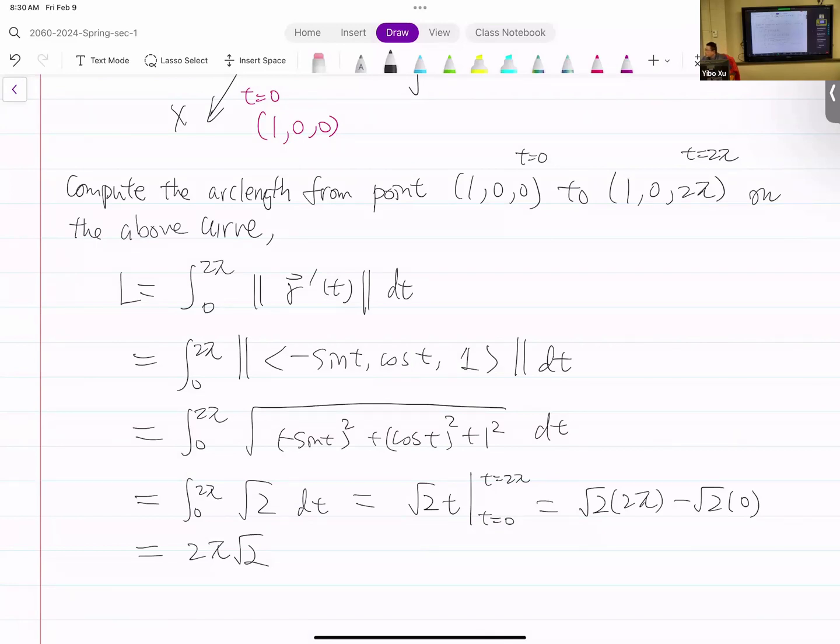Yes. How did you go from sine squared and cosine squared down to square root of 2? Oh, so just be reminded that sine squared of t plus cosine squared of t equals 1 everywhere.